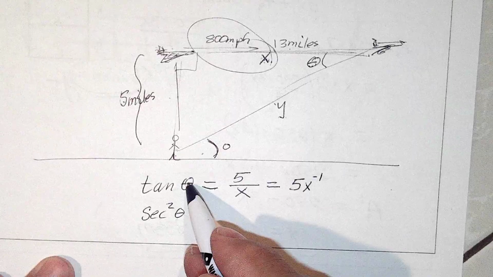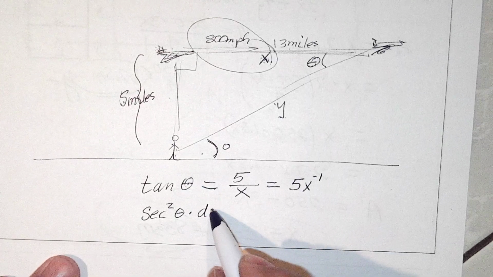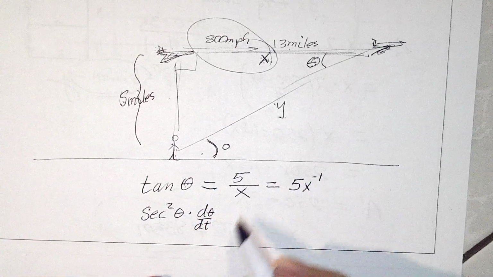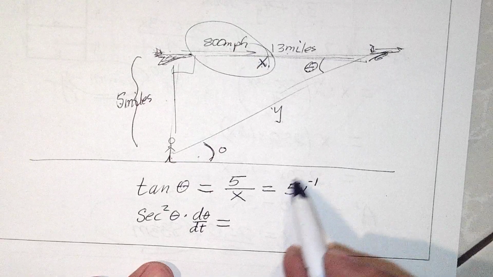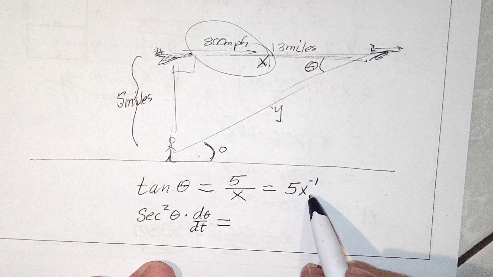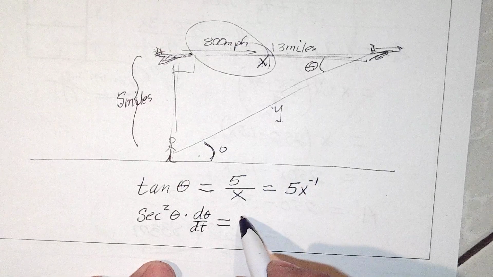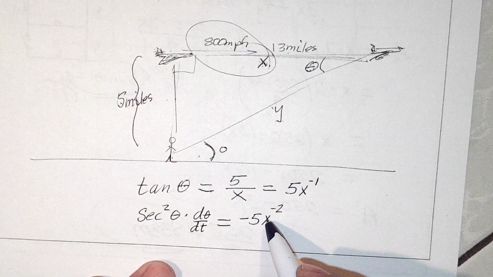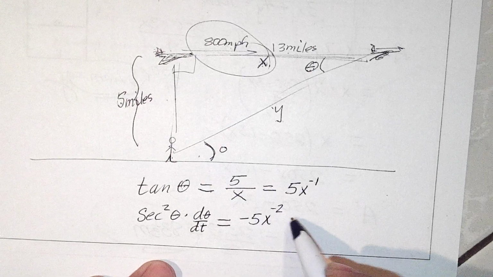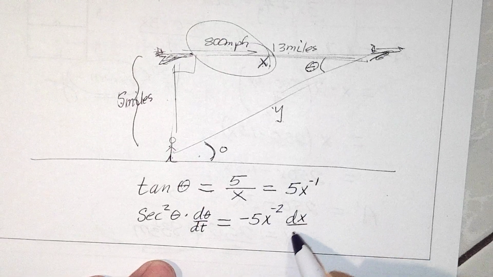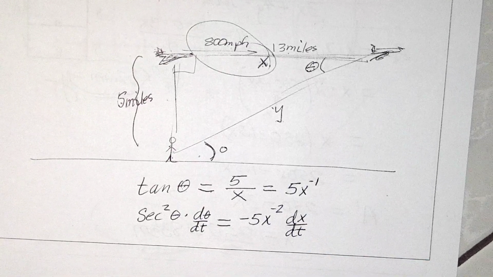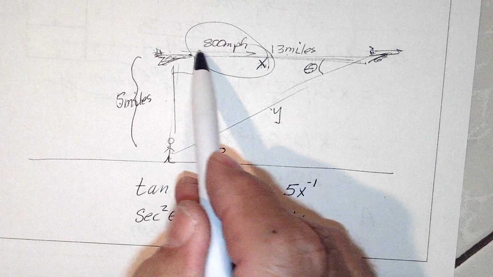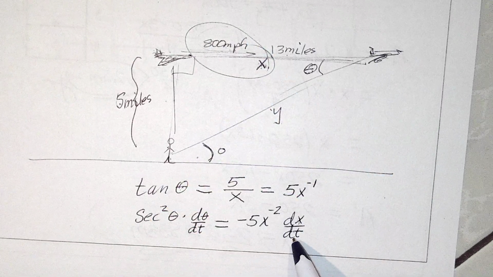But the angle is not time, so I have to go times d theta dt, the derivative of the inside, equals, now I got to take the derivative of this with respect to time. Well, the derivative of this would be minus 1 times 5, or minus 5 x to the minus 2. And since I'm doing it with respect to time, and this is x, I have to go times dx dt. How fast is the x changing? Well, it's changing at 800 miles per hour.